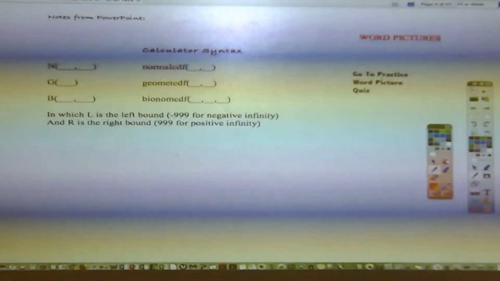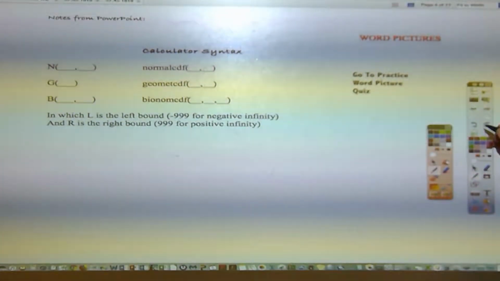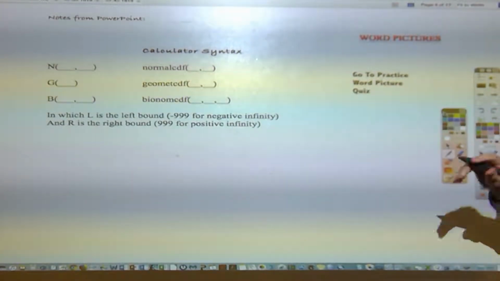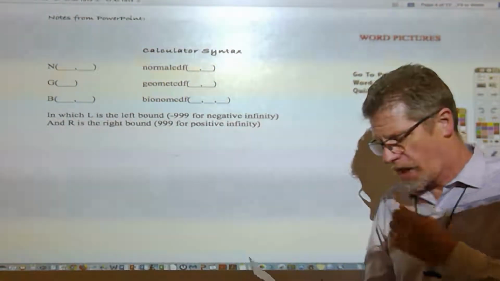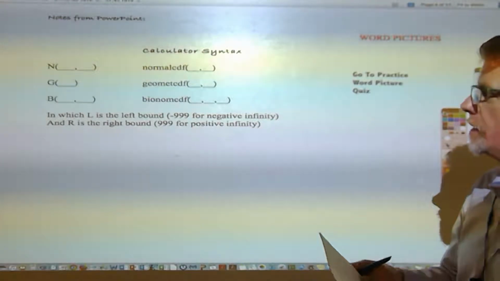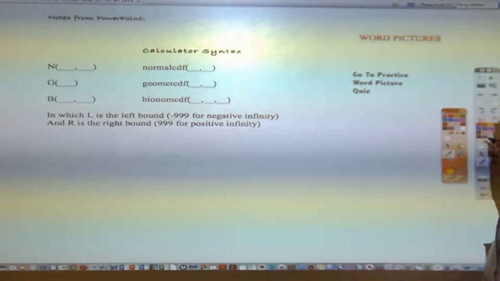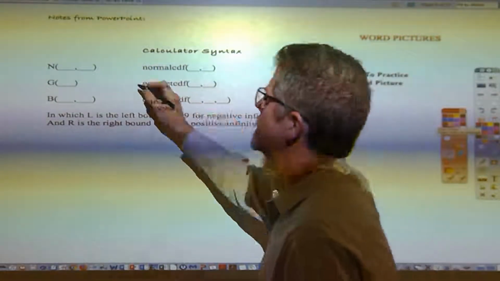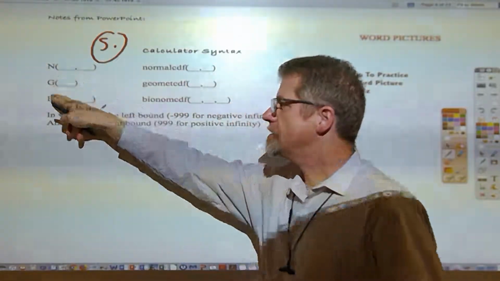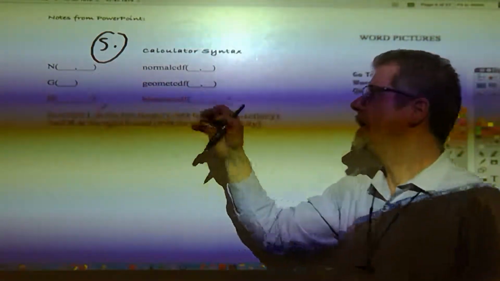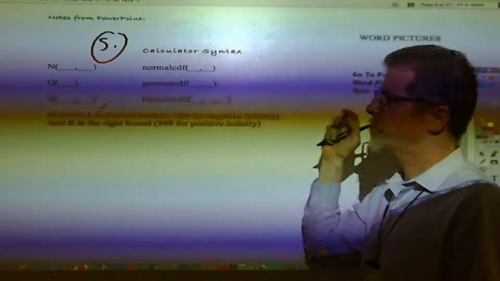For today's warm-up problem, we are taking a look at calculator syntax, which is a piece of the word picture quiz. In fact, you'll see in problem 5 of the word picture quiz has these 3, and I just want to see where you're at with this.